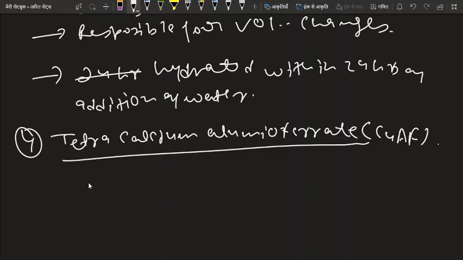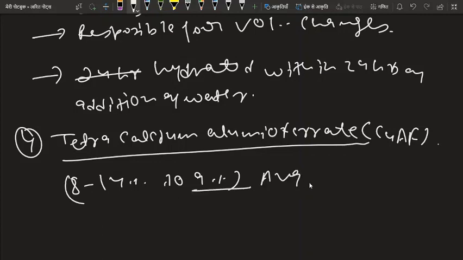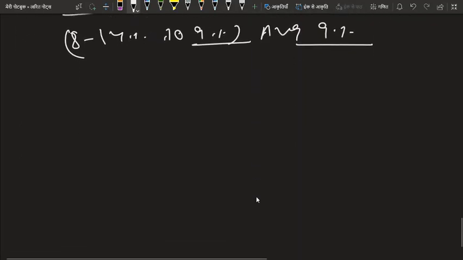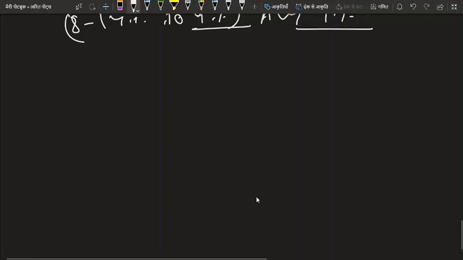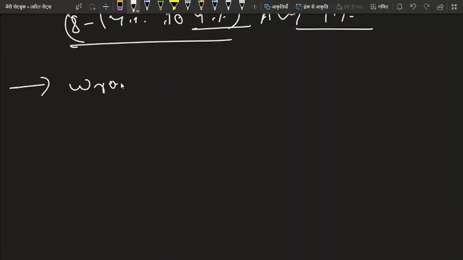Okay, it is about 8 to 14%. On average, it's about 9%. Okay, and what are its properties? It is the worst cementing material. Look at its percentages.